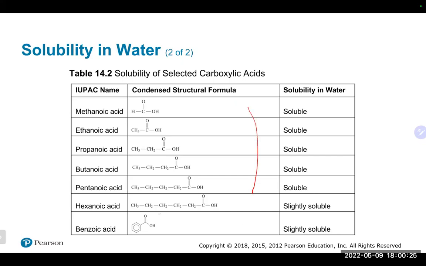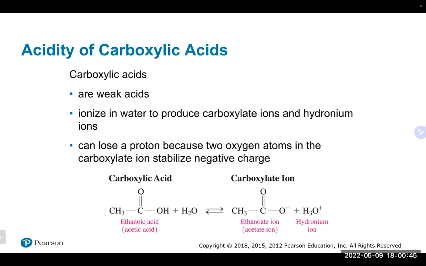When we get to 6, we're still slightly soluble, which usually leans towards being almost insoluble. So the degree of solubility decreases a lot. And if we have a big group like a benzene ring hanging off, as in benzoic acid, it gets in the way of some nice interactions.